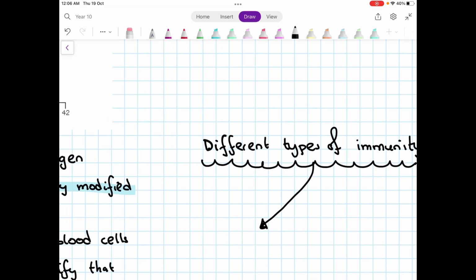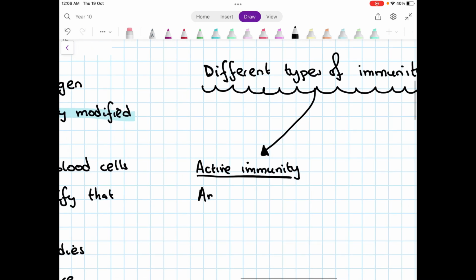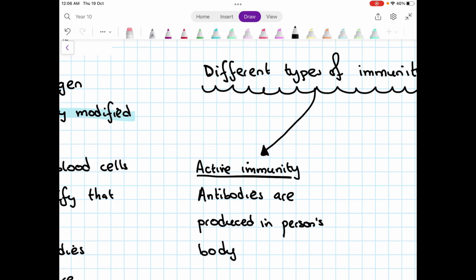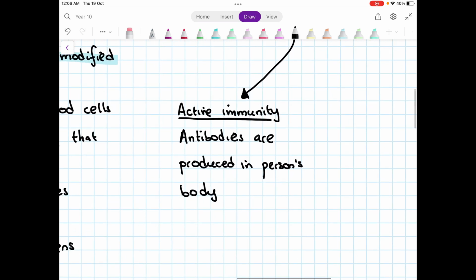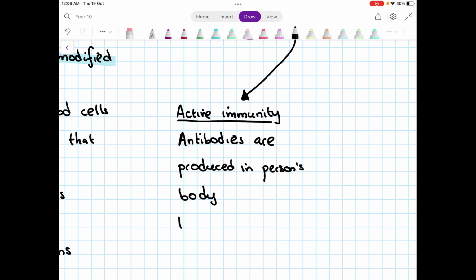And the first form we have is active immunity. And active immunity is when antibodies are produced in the person's own body. So they themselves experience that immune system response.